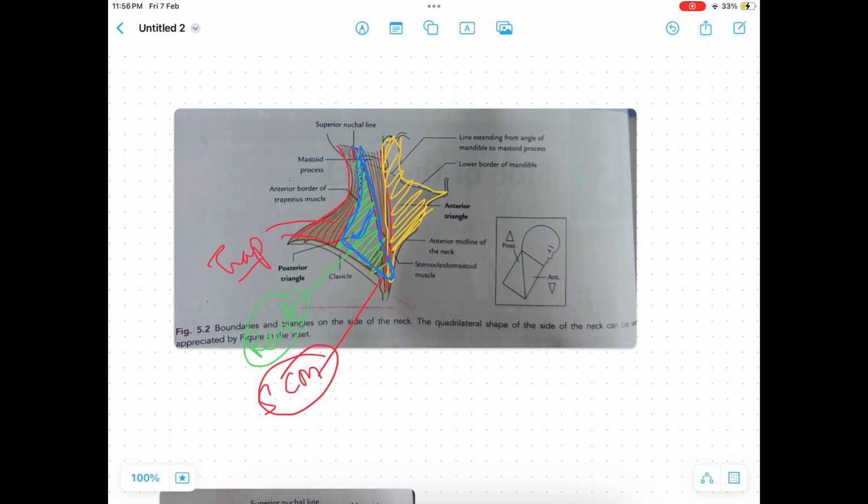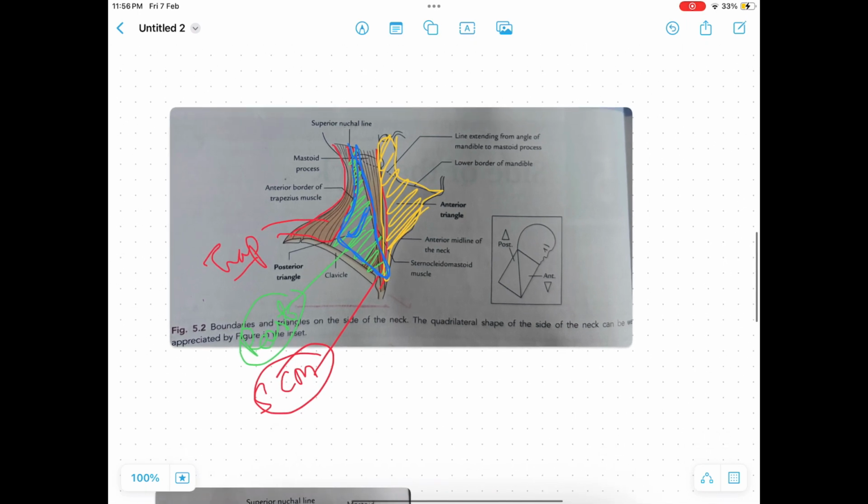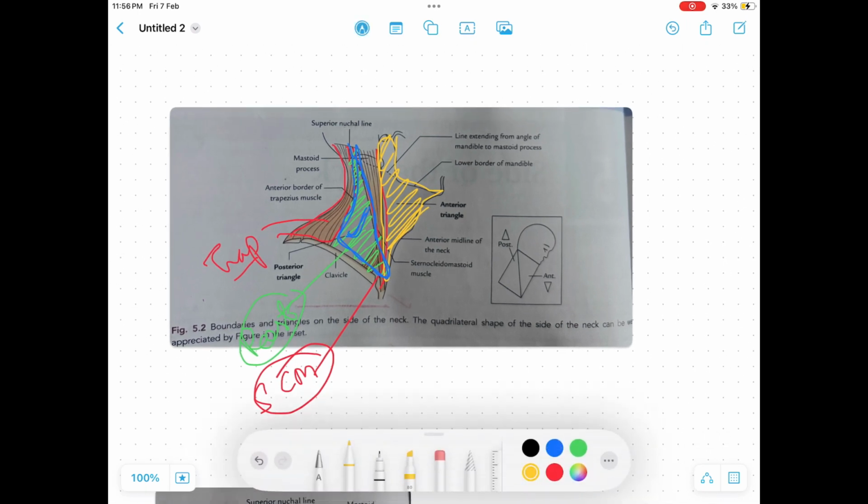Anteriorly, this is the anterior and this is the posterior border of sternocleidomastoid muscle. This is your sternocleidomastoid muscle and this is the posterior border. The posterior border of sternocleidomastoid muscle forms the anterior boundary of the posterior triangle. Okay.